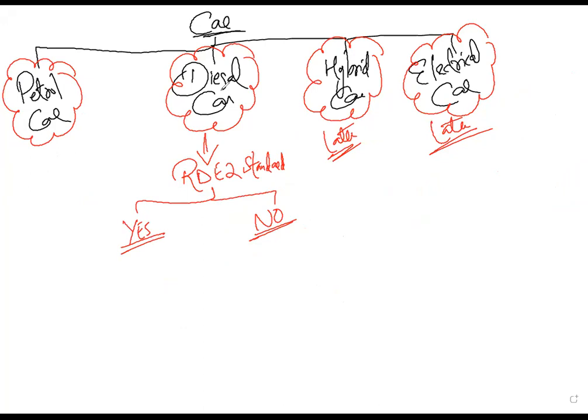So we have petrol cars and diesel cars, and in diesel we have two categories: a diesel car which is meeting RDE2 standards, and a diesel car which is not meeting RDE2 standards. Till here, any confusion?